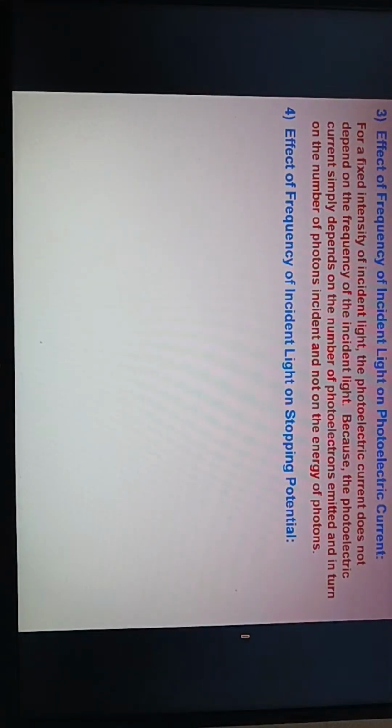Tell me why it does not depend. The photoelectric current is electrons only. Why does it not depend on frequency? So because frequency does not vary with.